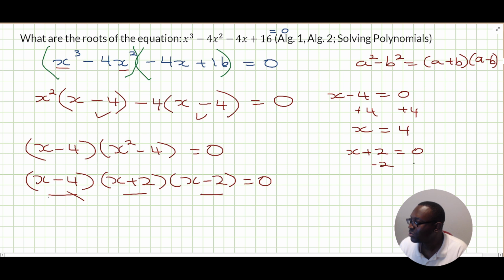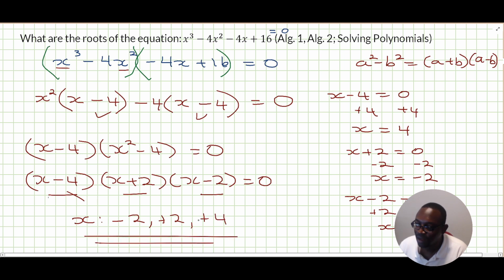We subtract 2 from both sides. x equal to negative 2. And then x minus 2 equal to 0. We add 2 to both sides. So x equal to 2. So now your values of x are negative 2, positive 2, and then positive 4. So these are the values of x.